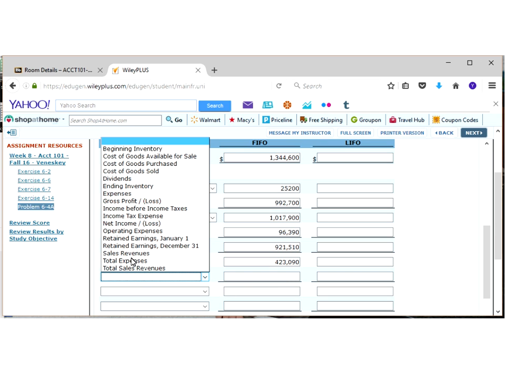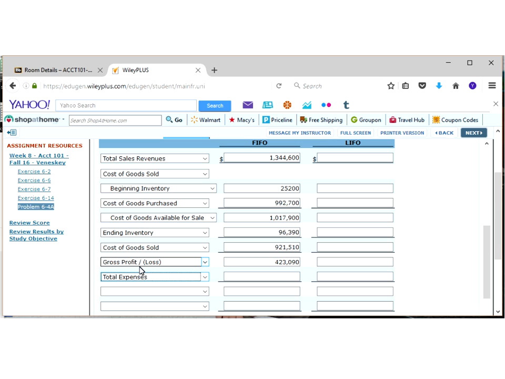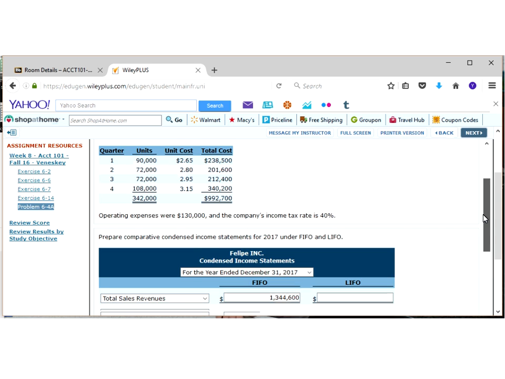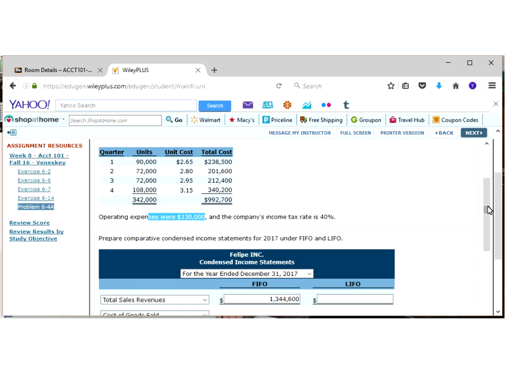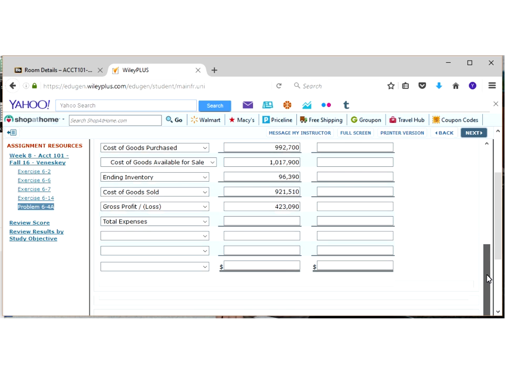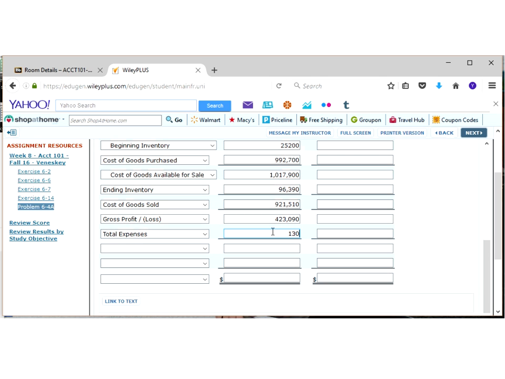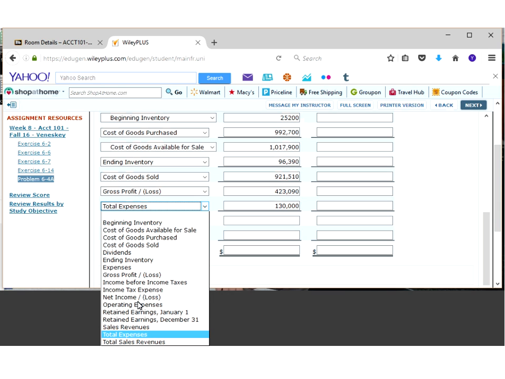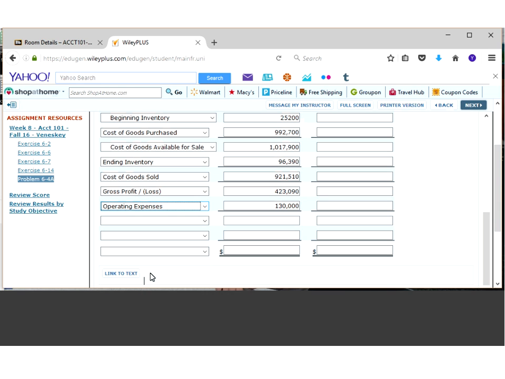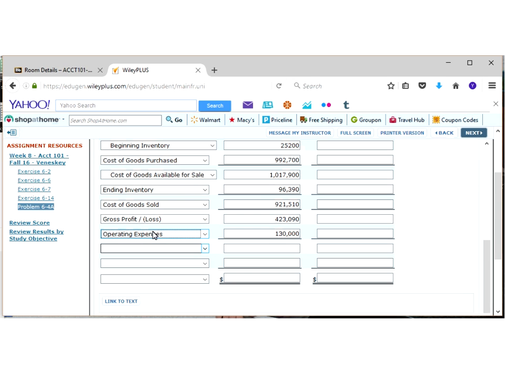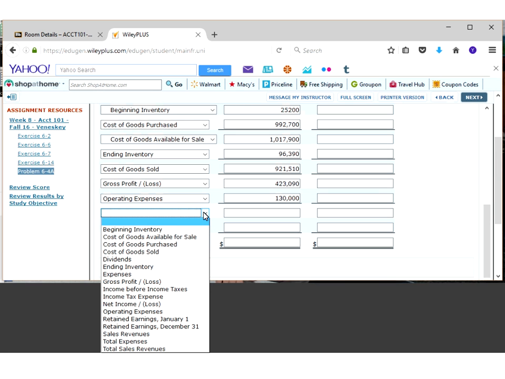Now, just like any other income statement, I'm ready for the expenses. After I've done my cost of goods sold, I got gross profit. Total expenses, it told me that in the opening problem right here. My expenses were $130,000. Actually, I'm going to call that operating expenses, because that's what it is. When I take gross profit less operating expenses, you may think that's regular net income.